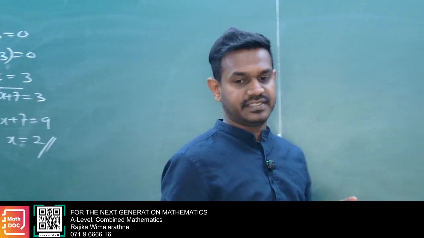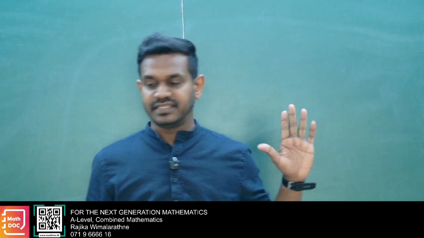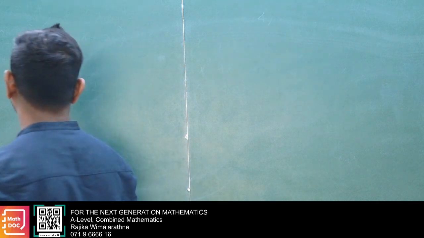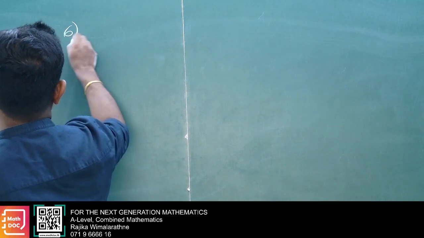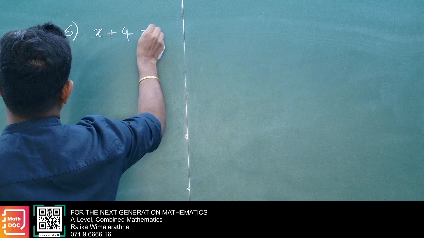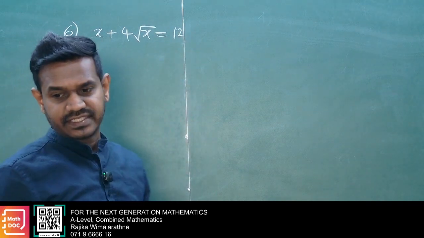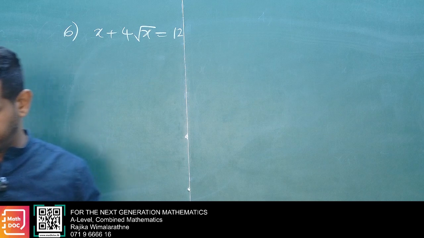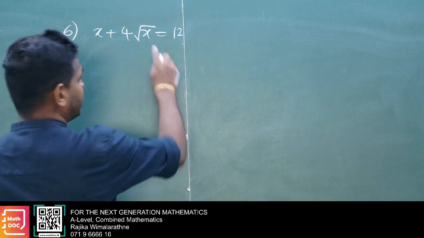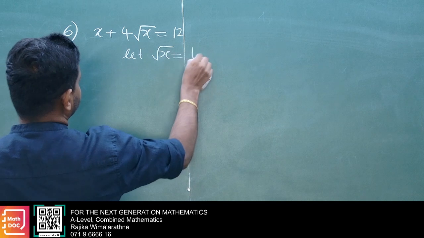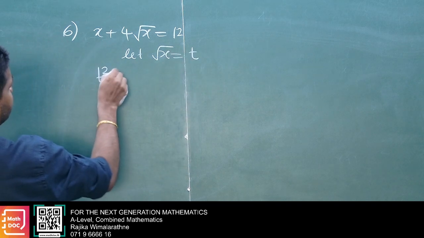Question number 6. Here given x plus 4 root x equal 12. Okay, then you better use substitution. Root x equal t, no? Then here this will be t square.